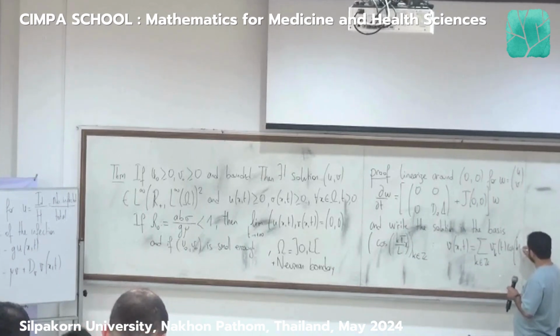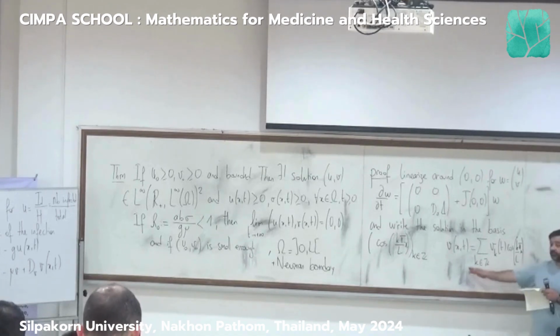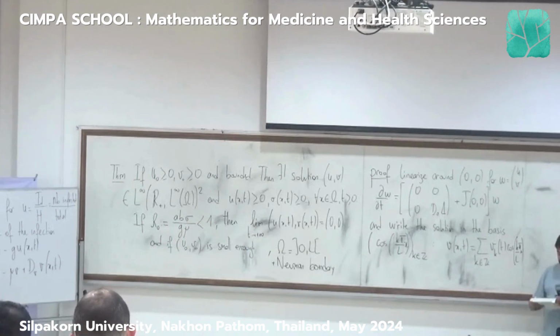cosine. Okay. So for people who know, it is also the Fourier series of entropy, what we call the Fourier condition.